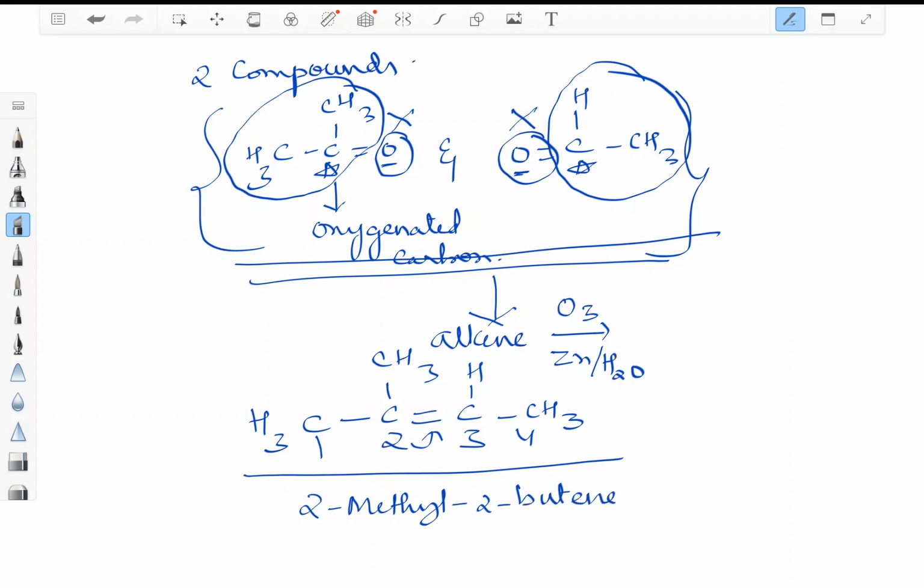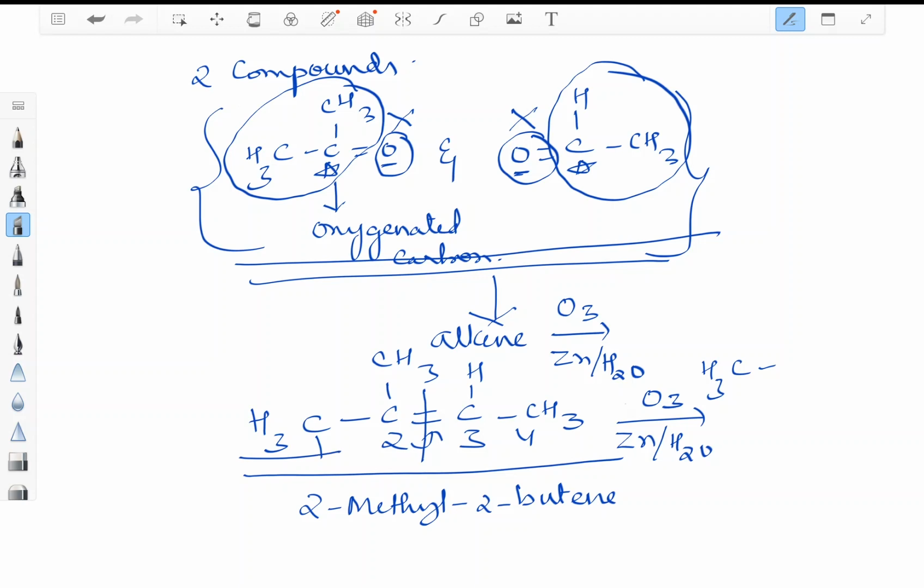So this was the parent alkene which was subjected to ozonolysis in the presence of zinc and water. That resulted in breaking here, and I'm going to get CH3.